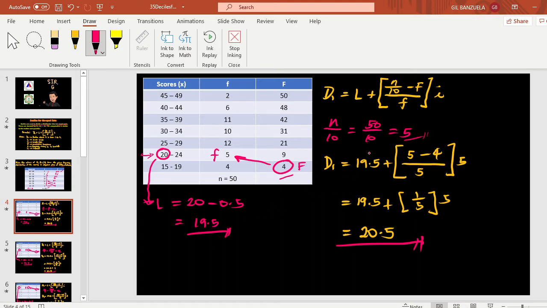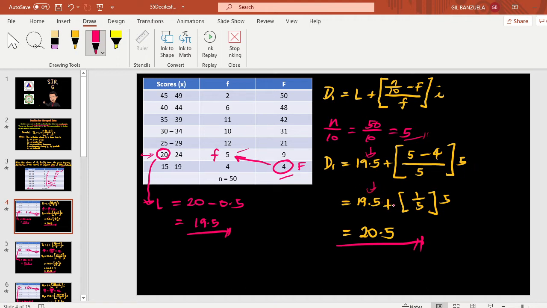From there, we plug in 19.5 as the true lower limit, plus the value of n over 10, which is equal to 5, minus the cumulative frequency, which is equal to 4, all over the frequency where the lower limit is located, which is 5, times the class interval 5.